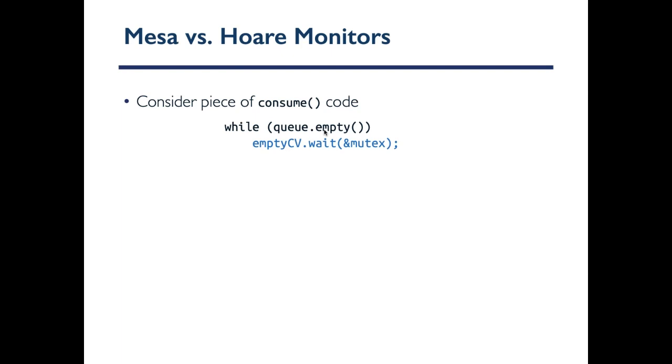So in a while, we check the condition, and if the queue is empty, we wait on that condition variable. To just emphasize something here, we're passing mutex to wait. So this function, which we will see the implementation of, is going to release this mutex and then put this thread to sleep by basically calling thread switch at some point.